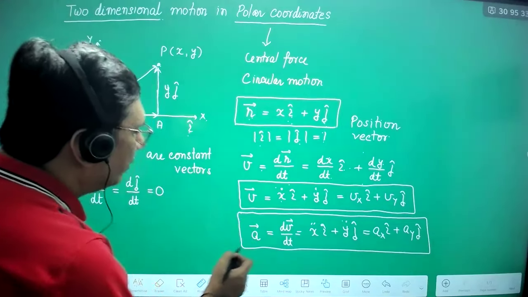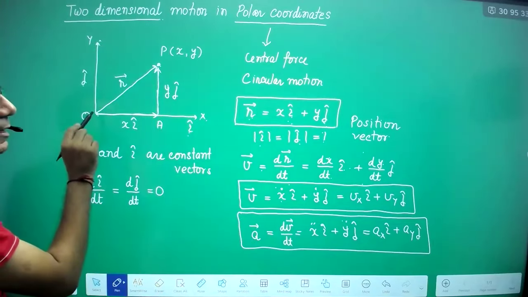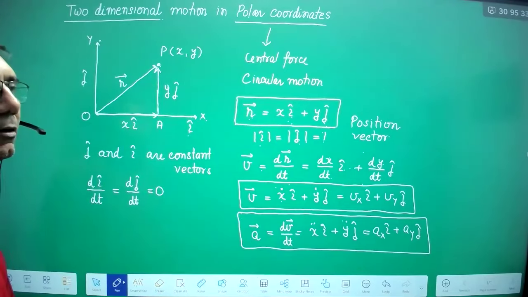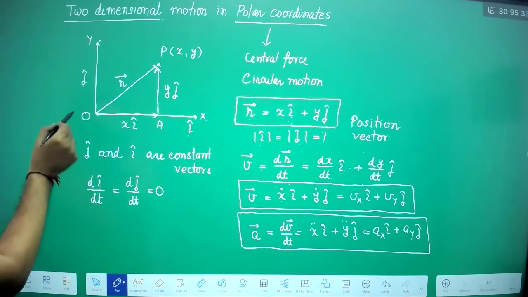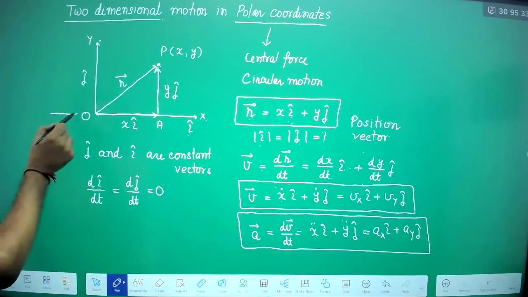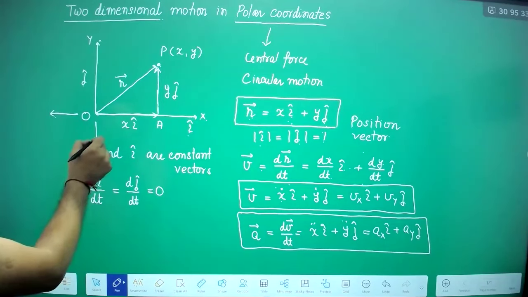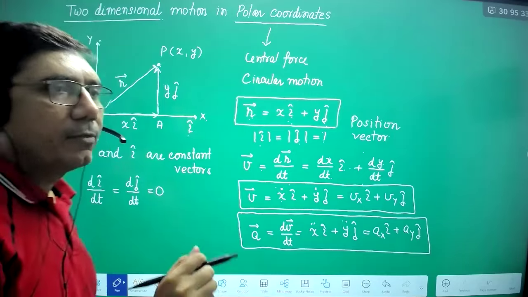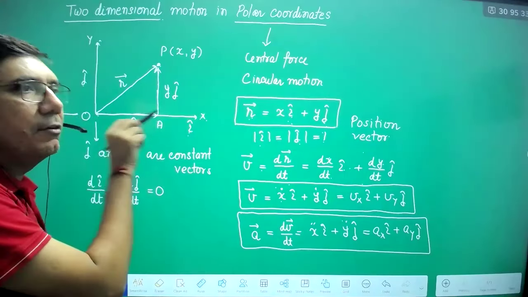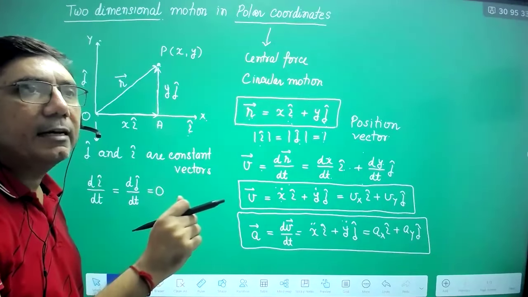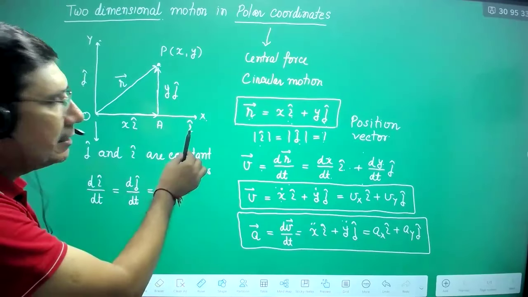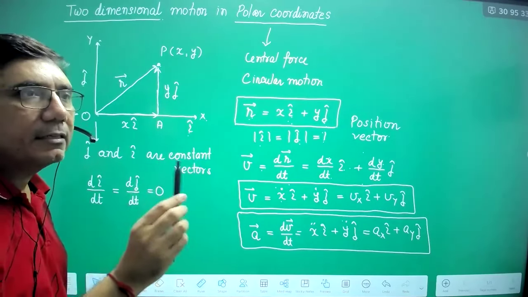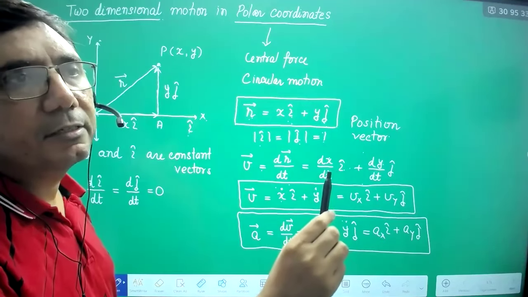One more question. I just want to ask you why you are saying that this is the direction of i cap. Why are you choosing that this is the i cap direction or this is the j cap direction? Why are you not choosing that i cap is in this direction, or that j cap is in this direction? Because i cap is the direction of the x-axis. Its direction will be the direction in which x coordinate is going to increase.